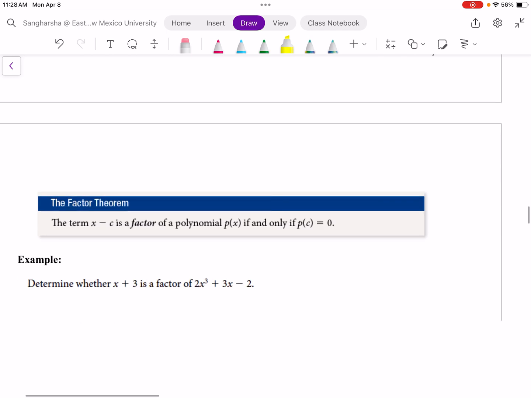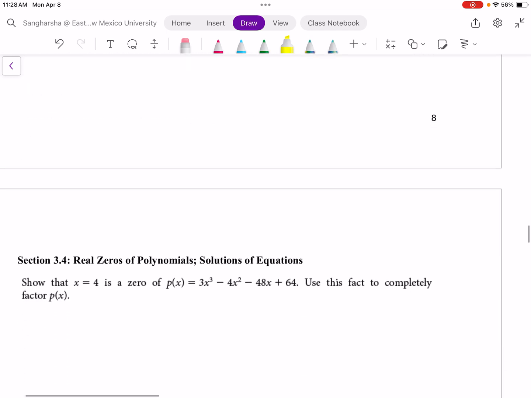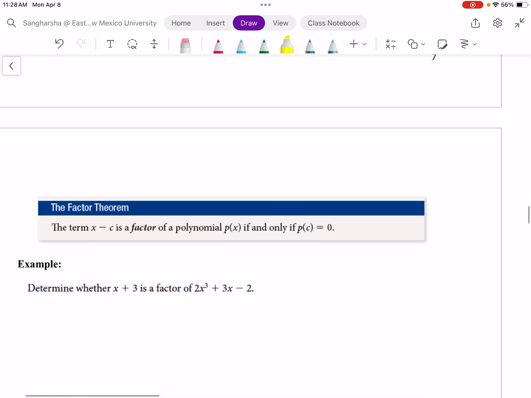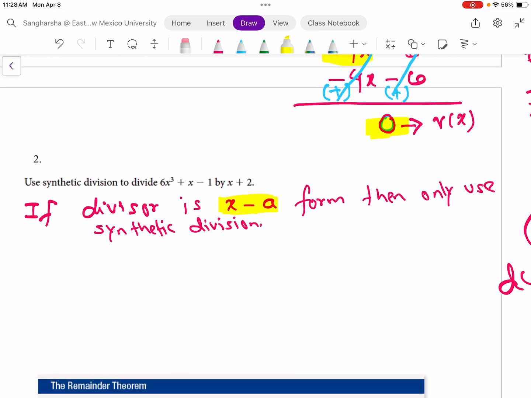Let me make a different example. For example, if our divisor is x squared plus 1 and we are dividing x cubed plus 1, this is our divisor, right? What is the degree of this divisor? 2.